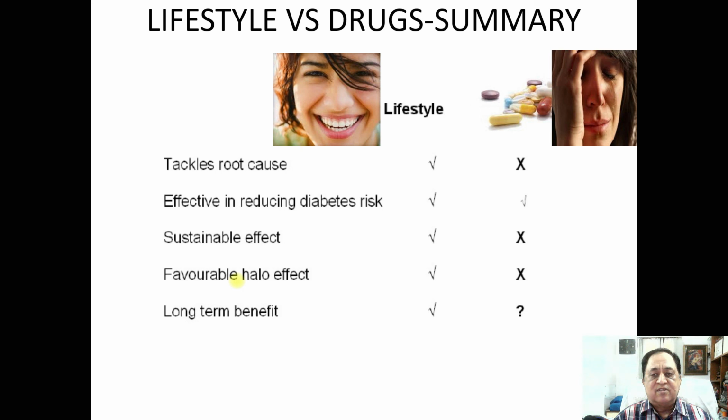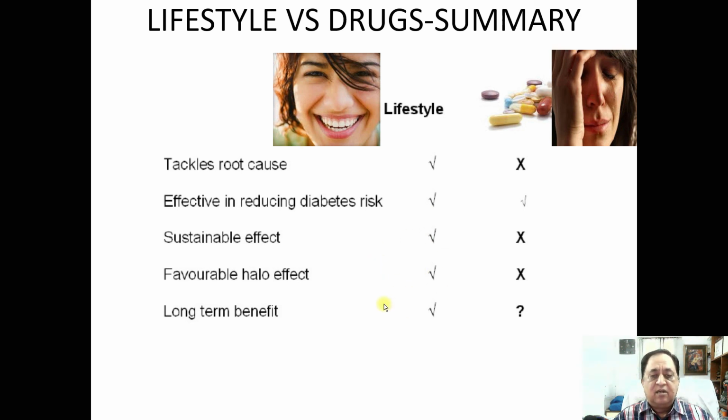So, lifestyle versus drug, you can summarize like this: drugs absolutely cannot tackle the root cause. They do affect diabetes risk, but cannot do that as potently as the lifestyle changes will do. The effects are not sustainable. As soon as you stop drugs, the effects are gone. Here we have seen for years together effects remain sustainable, and there are all halo effects which I just mentioned in the previous slide.